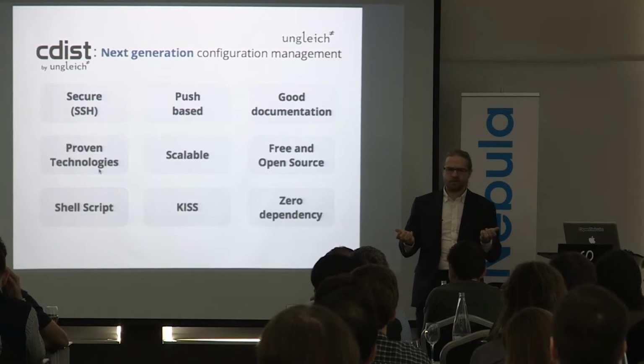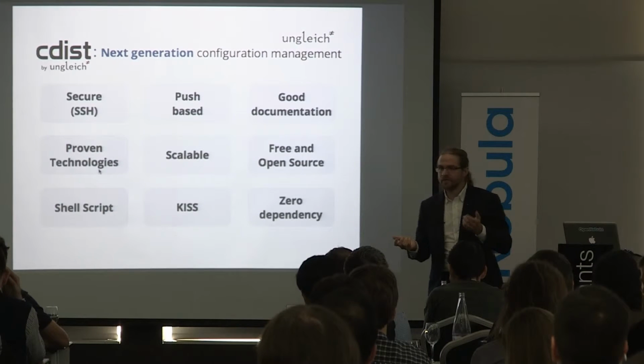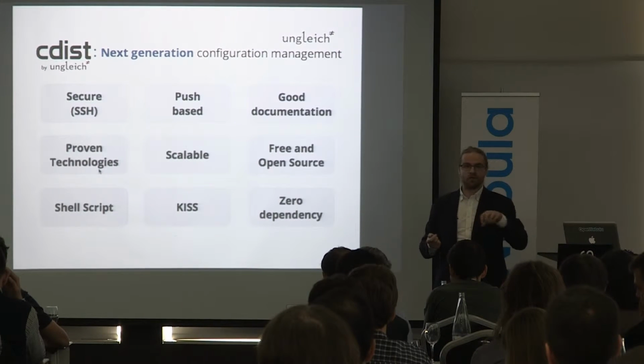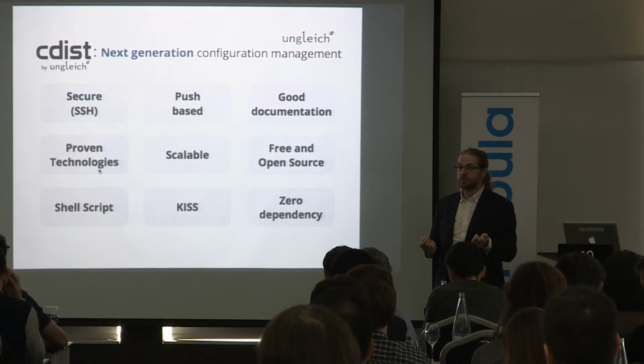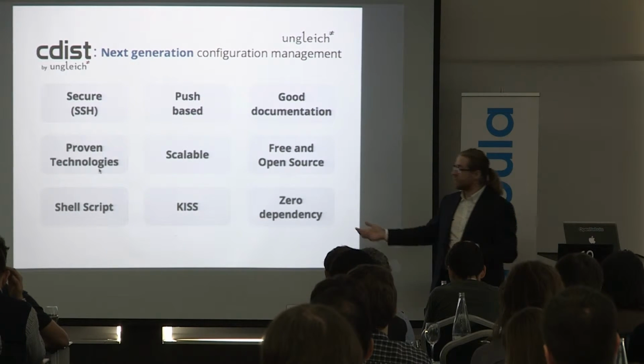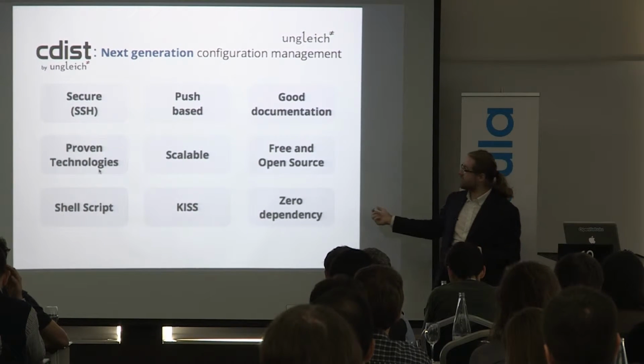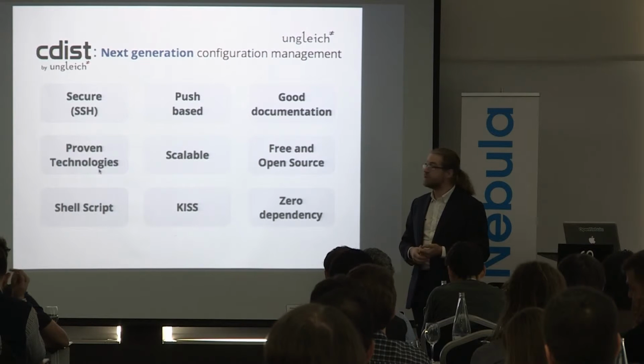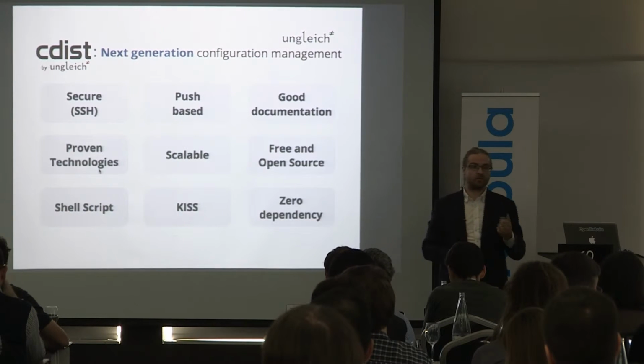And I was really asking, like, why? Isn't it wrong to configure your computer before this configuration management? So cdist actually requires only an SSH server on the machine, and all communication is done via SSH.